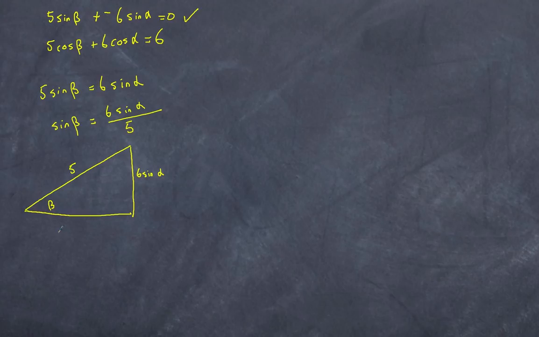This ends up being the square root of 5 squared minus 36 sine squared alpha. Our second equation says this: 6 minus 5 cosine beta minus 6 cosine alpha equals 0.